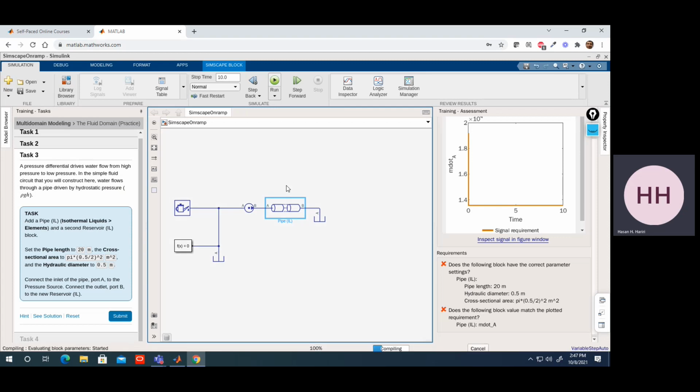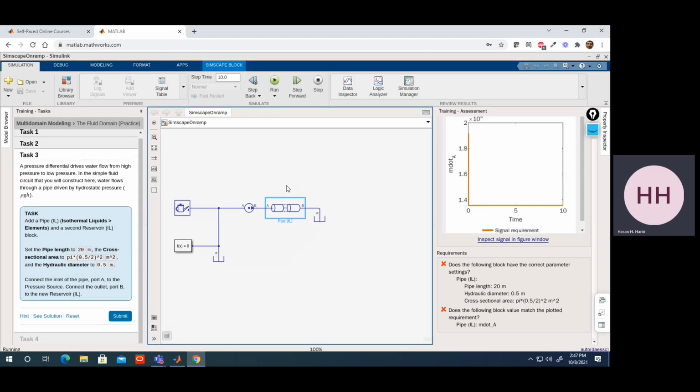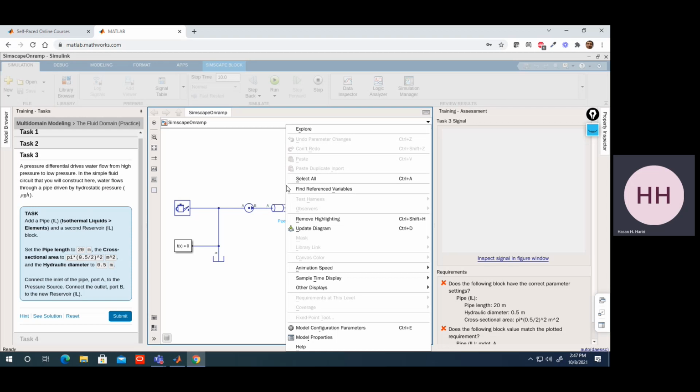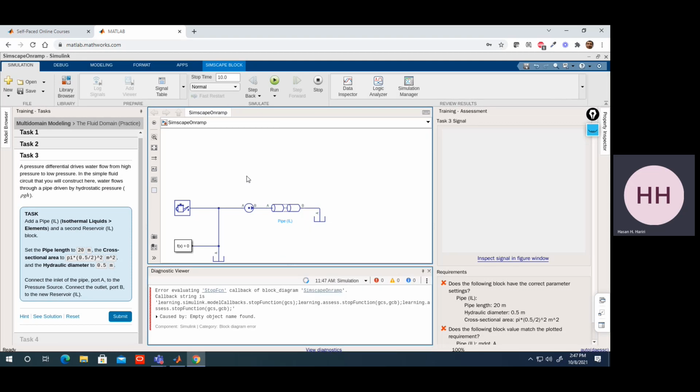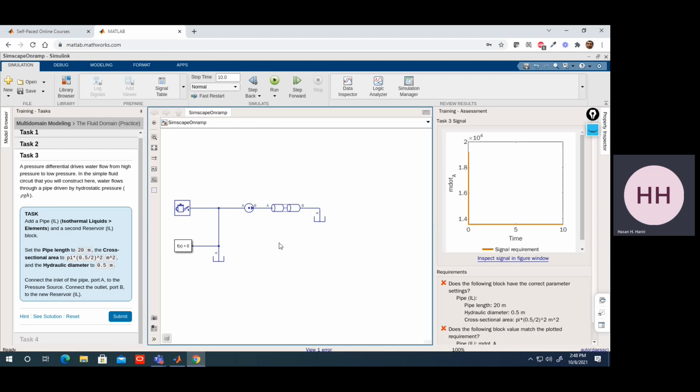Let's see. Let's run it. If you have an error caused by empty object name found.